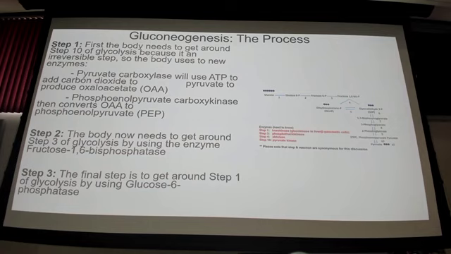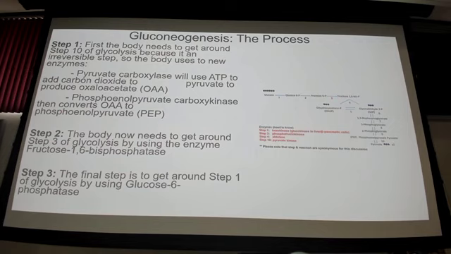In gluconeogenesis, there are 3 irreversible steps of glycolysis that need to be circumvented in order to produce glucose. Remember that the irreversible steps in glycolysis are steps 1, 3, and 10.